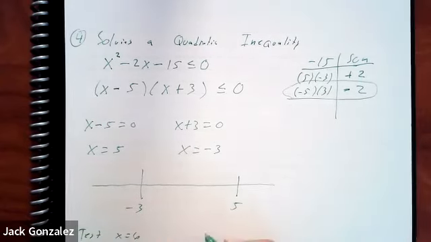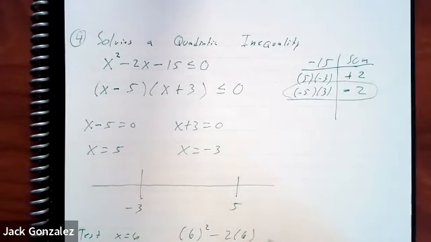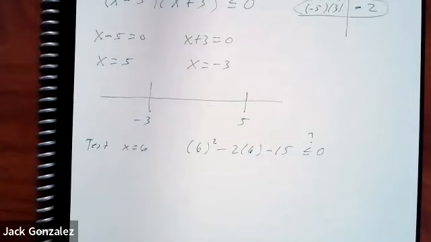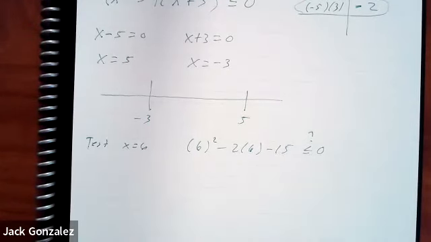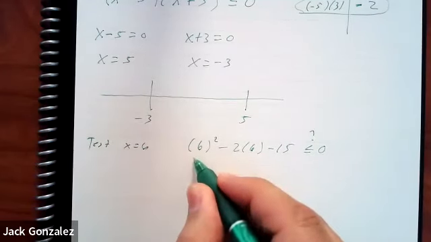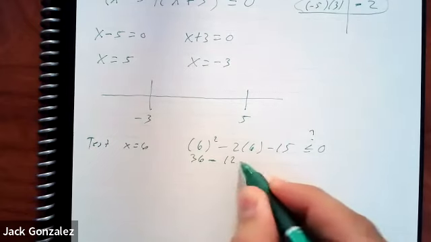So test x equals 6. So that'll be 6 squared minus 2 times 6 minus 15. Is that less than or equal to 0? That's the question. Okay. So PEMDAS stuff, right? At this point, this is 36 minus 12 minus 15.